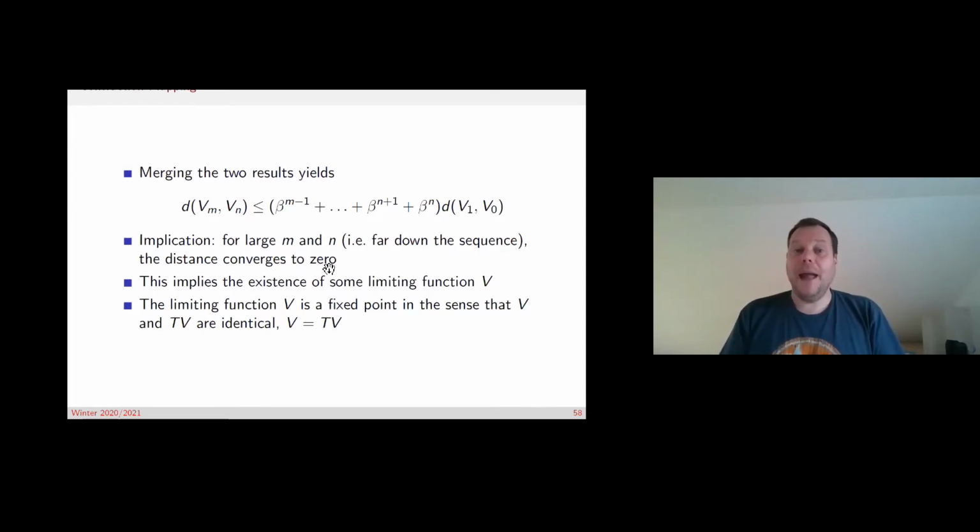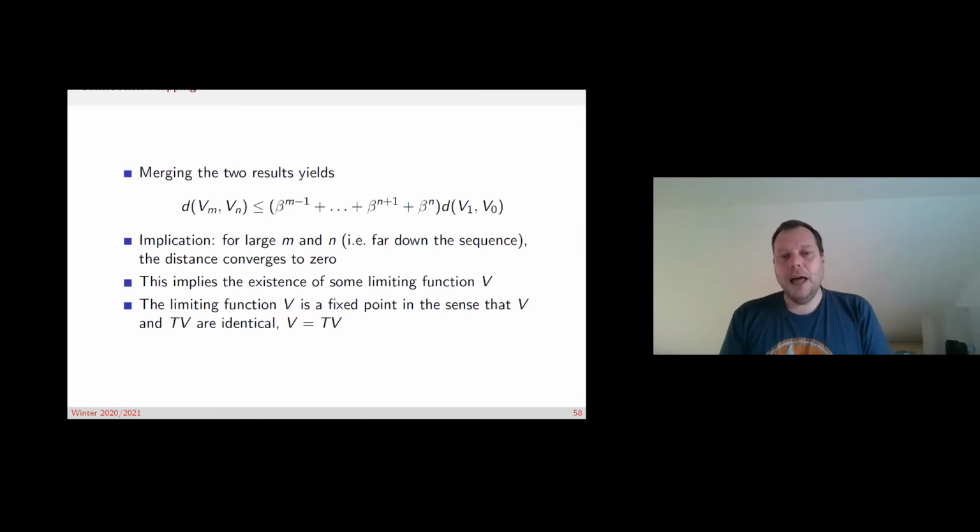Because if m and n are large enough, and remember that beta is between 0 and 1 by definition, this is the definition of a contraction, so these two functions contract along the way, and this distance will converge to 0.